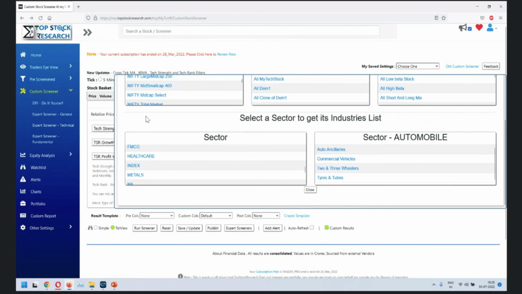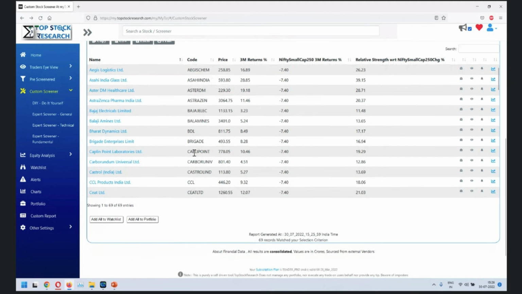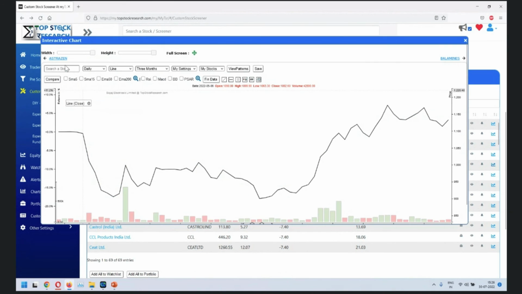So we go and change to small cap. So these are the stocks which are doing better than small cap, right? And the stocks are also from that same stock basket, right? For example, Asai India or Bajaj Electricals, right? When you look at this, then compare it.